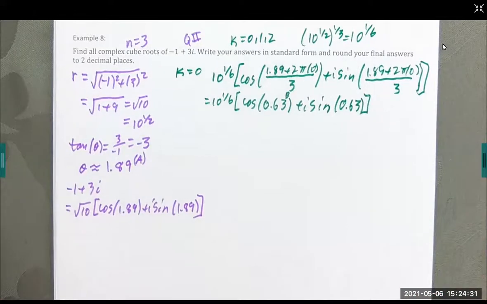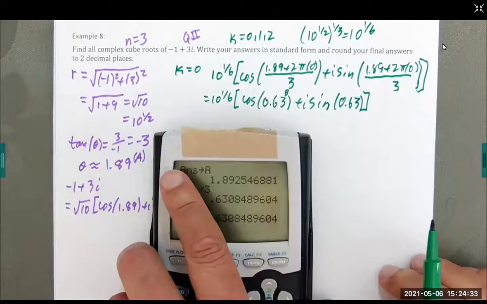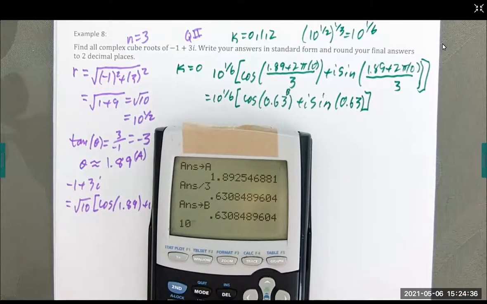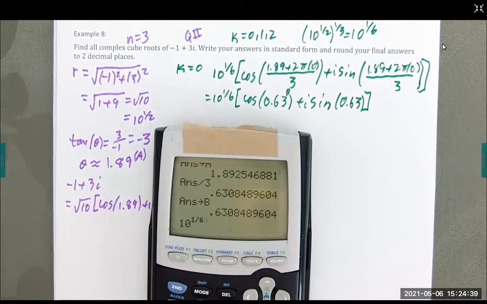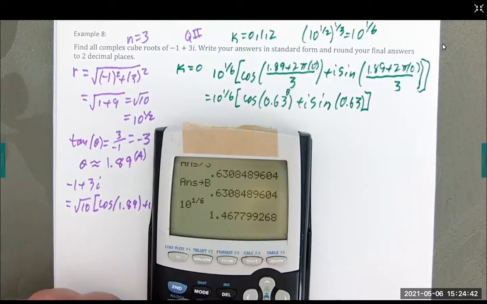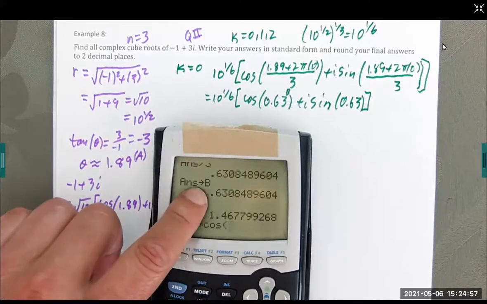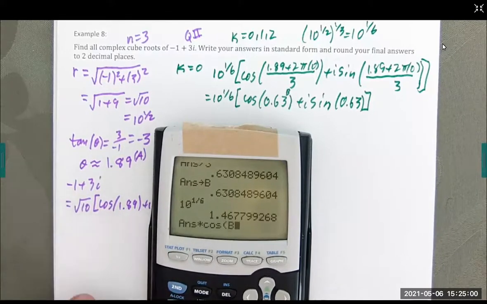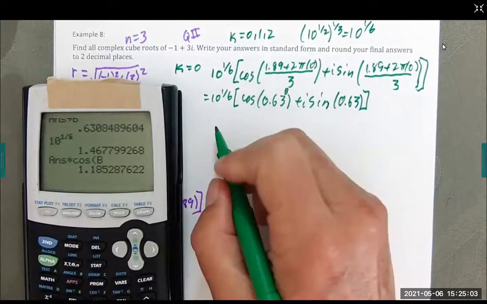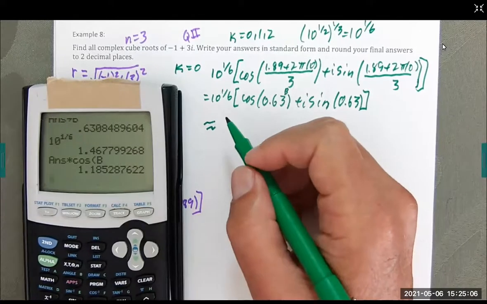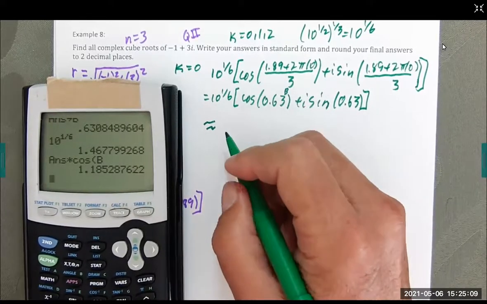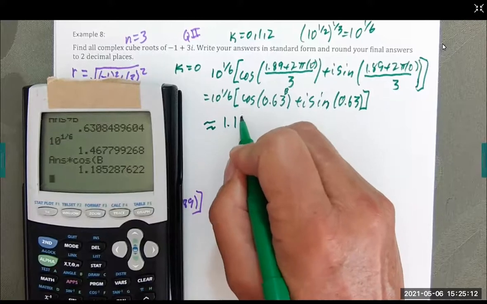So now to convert it back into standard form, which they asked us to do, I'm going to do 10 raised to the 1/6 power times, actually double check again, radian mode, times the cosine of B. I'm going to take the previous answer times the cosine of B. There we go, 1.185, we'll say.